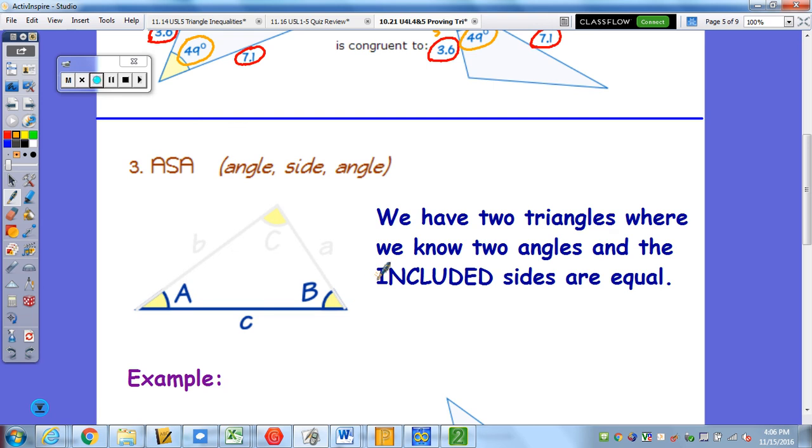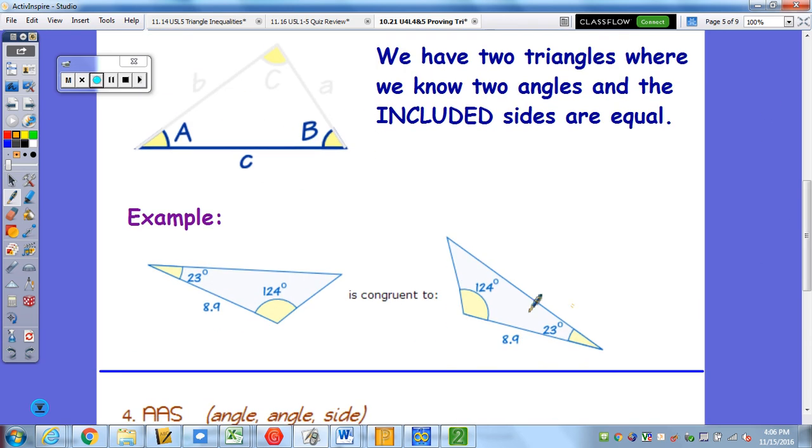Now you have angle, side, angle, which is exactly opposite of side, angle, side. This is where we know that 2 of the angles are congruent to each other and the included side is equal to each other, right? So if we look at these 2 triangles here, I can see that this angle is congruent to this angle, and I can see that this angle is congruent to this angle.